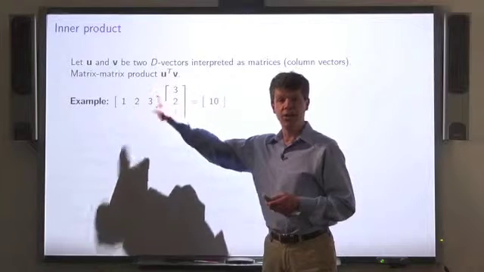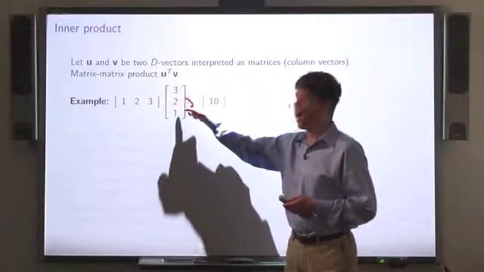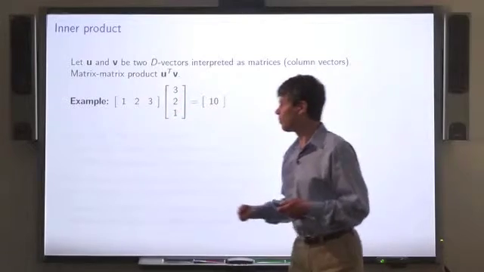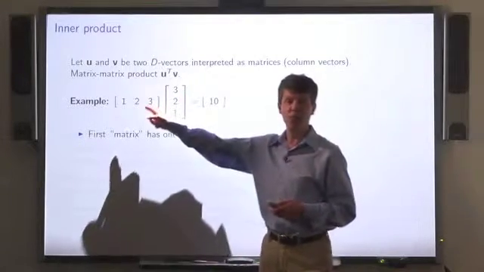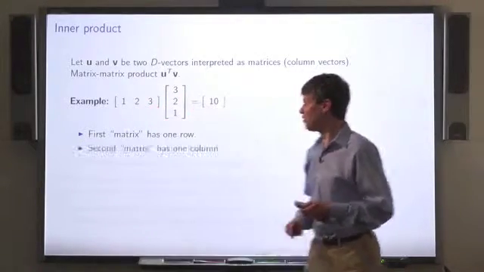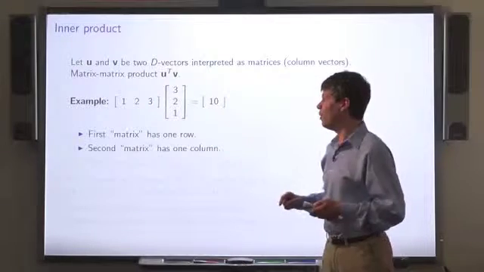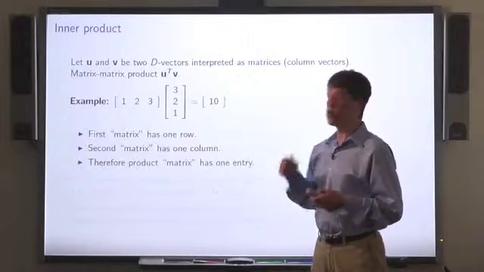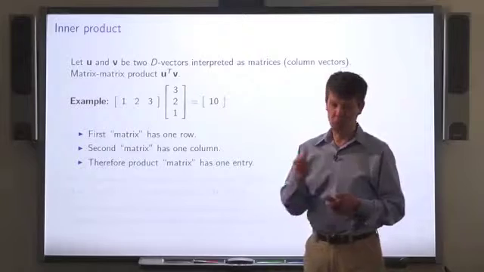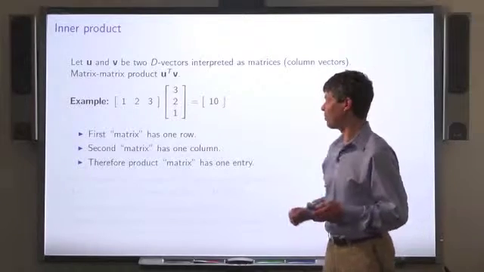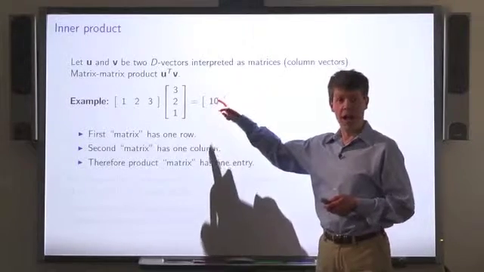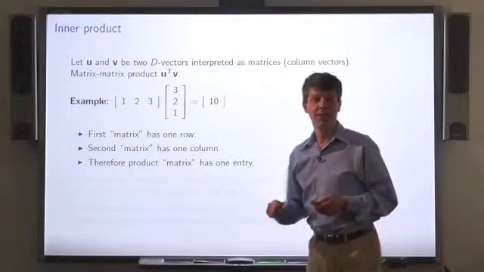Let's take this row vector and multiply it by this column vector. Now, the first matrix has one row, and the second matrix has one column. So the product matrix has one entry. It has one row and one column. It's really just a matrix with one number in it.